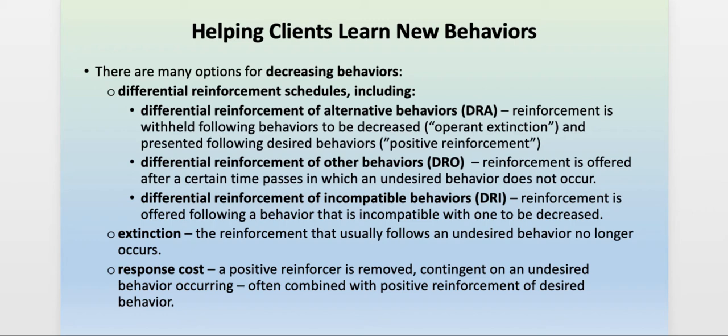When that person gets up and goes over and interacts with somebody at the candy machine, then you provide reinforcement for the social interaction. It's incompatible with the social isolation. That's differential reinforcement of incompatible behaviors.